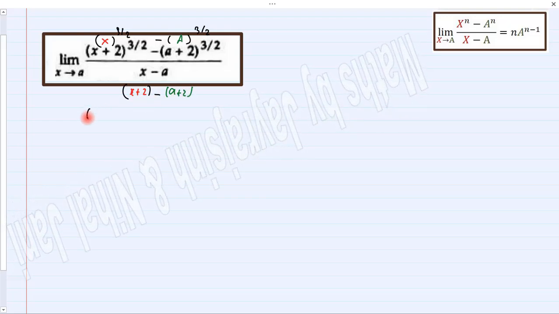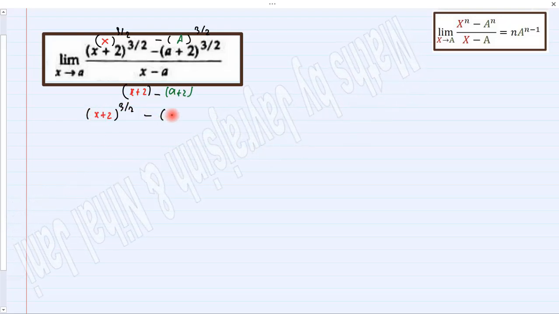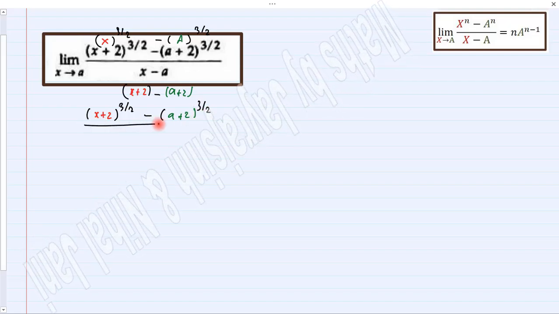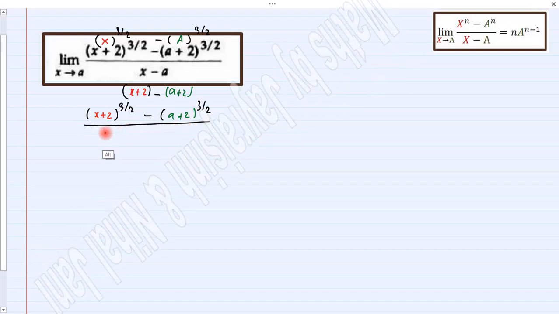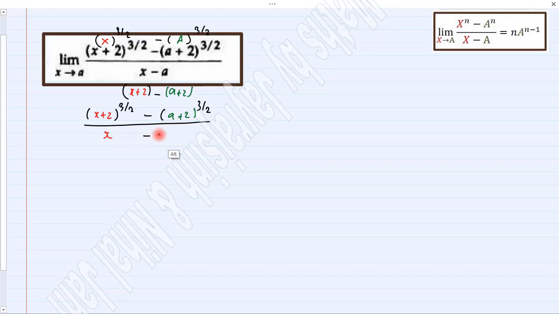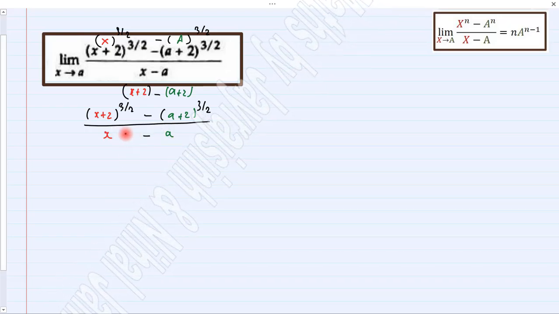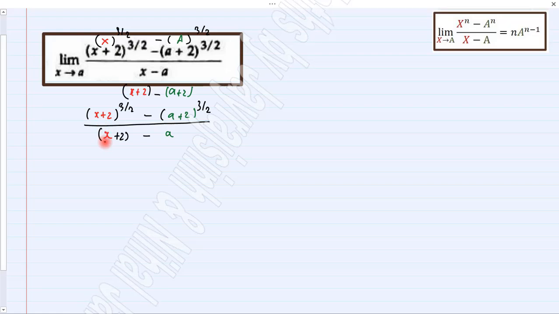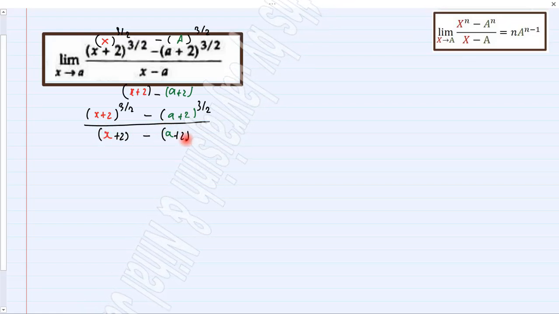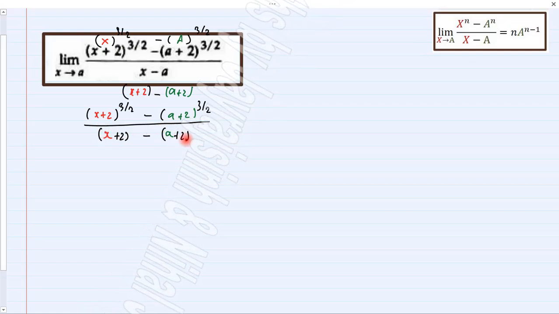So let's write down the numerator as it is without any change. Upon, in the denominator we have x minus a, and to get the proper form just add and remove 2. So you will get the function in the proper form.